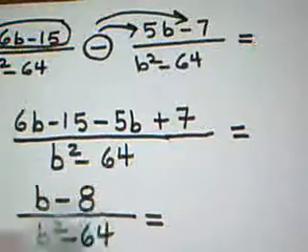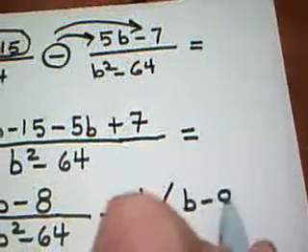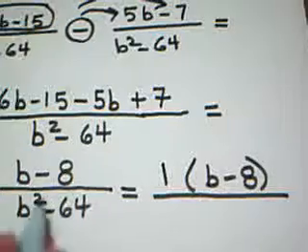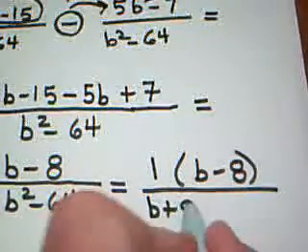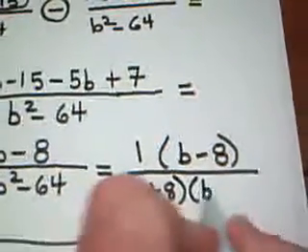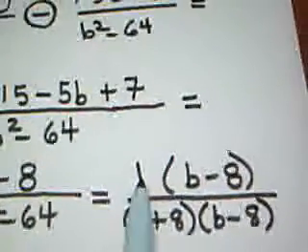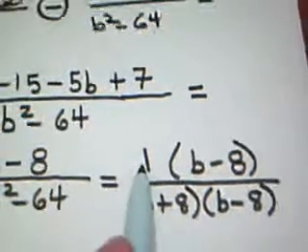b minus 8 factors as 1 times itself. In the denominator, b squared minus 64 factors as b plus 8 times the quantity b minus 8. And some of you may have wondered why I put that 1 up here. It kind of looks stupid, but it's really important because look what happens.